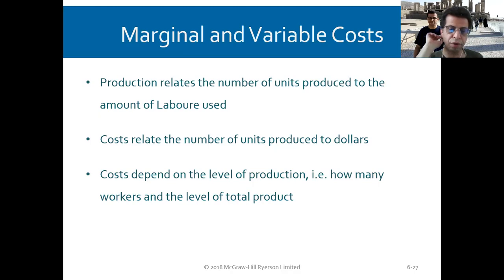Cost depends on the level of production, how many workers, and the level of the total product. So let's say the marginal cost is that if you put in one more labor, this is what you call the marginal, or the extra cost that happens. That's the marginal cost from the previous point.